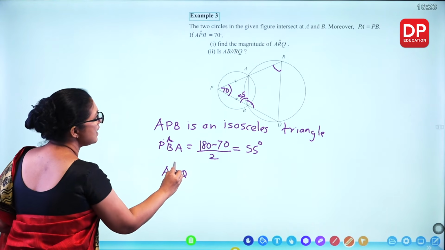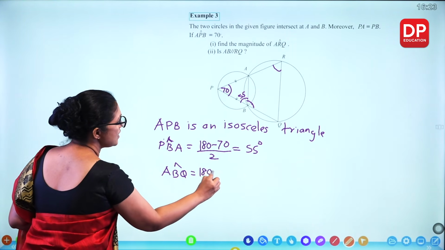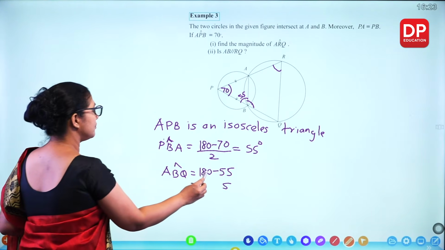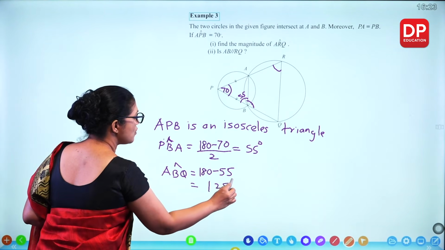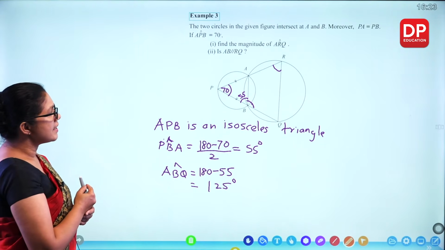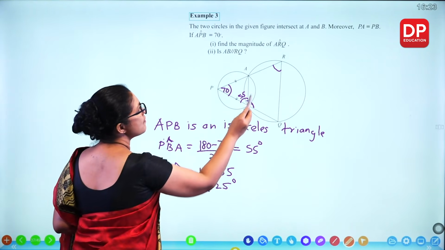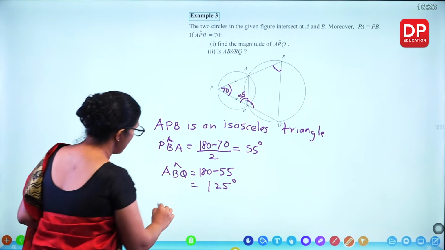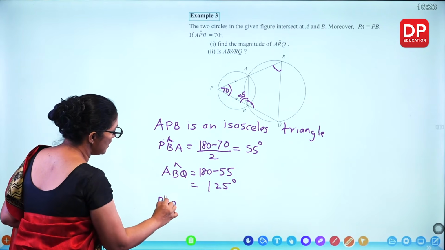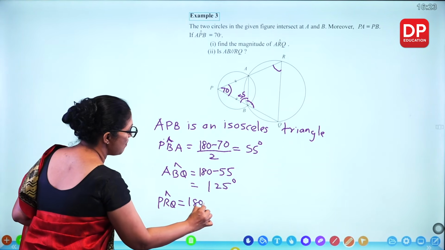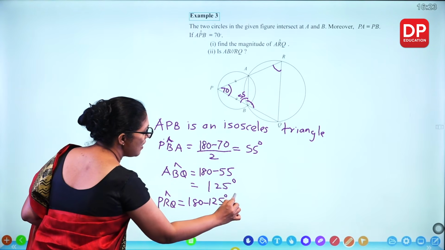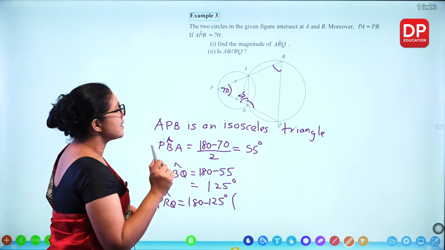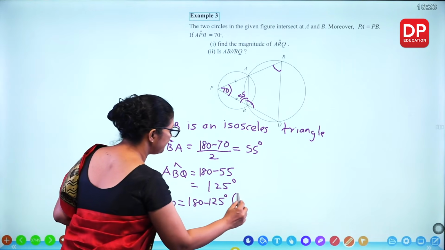ABQ angle is 180 minus 55, 125 degrees. This is 125. So, what's PRQ angle? PRQ angle is 180 minus 125, because in a cyclic quadrilateral, opposite angles are supplementary.